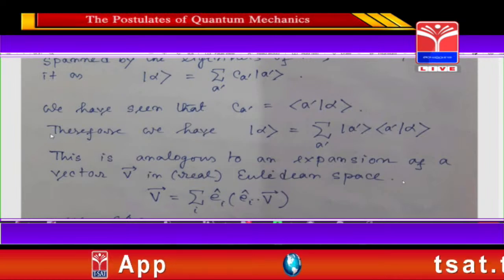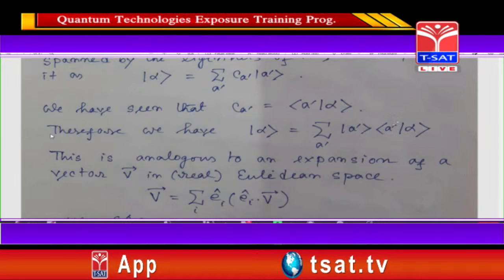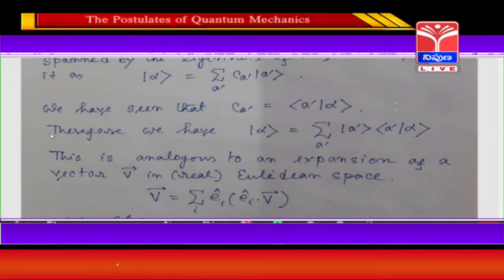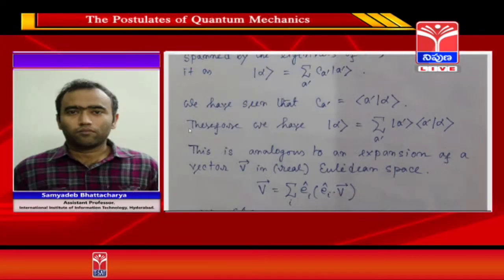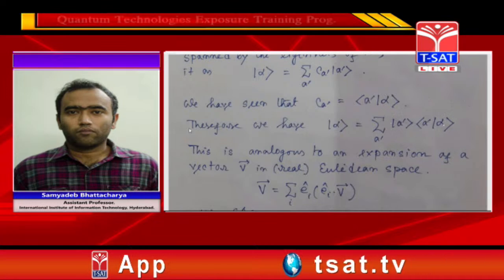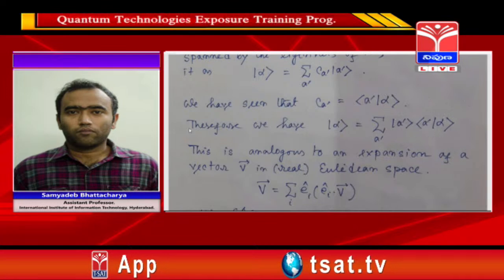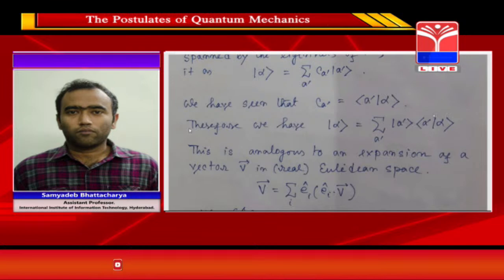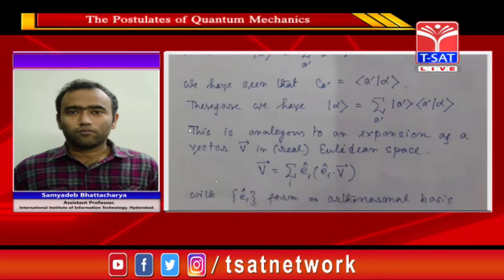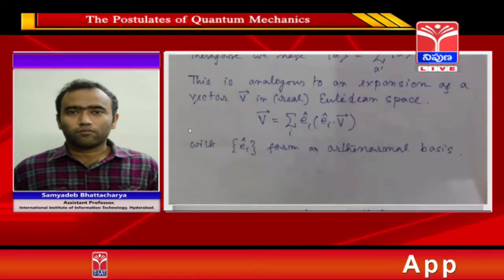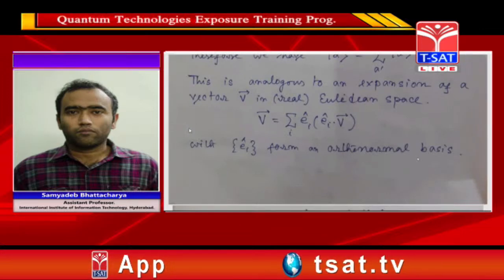So this A prime thing singles out the projection of alpha on different dimensions, different coordinates, different bases. That's why this A prime, which is called an outer product, is also an operator which gives us the projection of the vector on a certain dimension, and is called the projection operator.